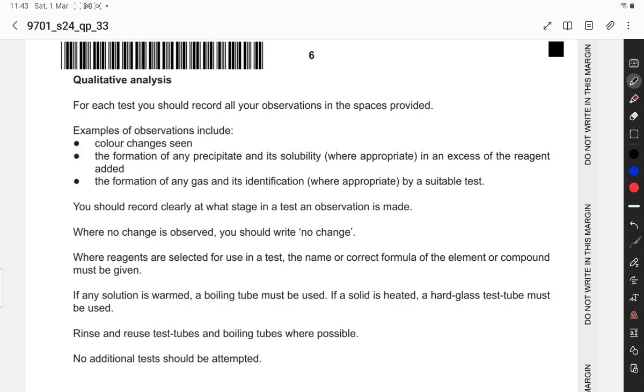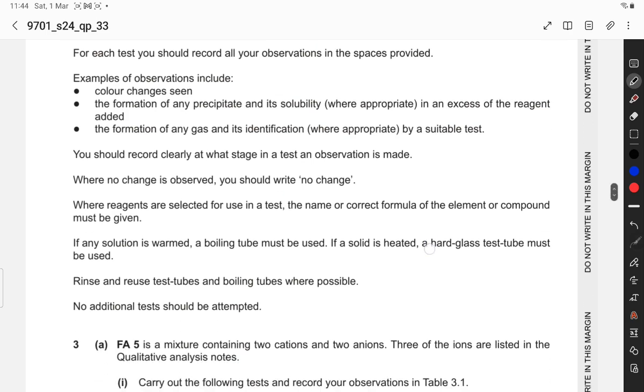Examples of observation include color change seen, the formation of any precipitate and its solubility in an excess of the reagent added, the formation of any gas and its identification by a suitable test. You should record clearly at what stage in a test an observation is made. Where no change is observed, you should write no change.